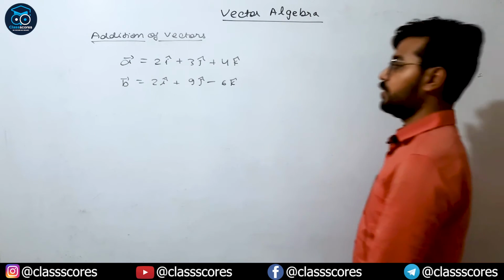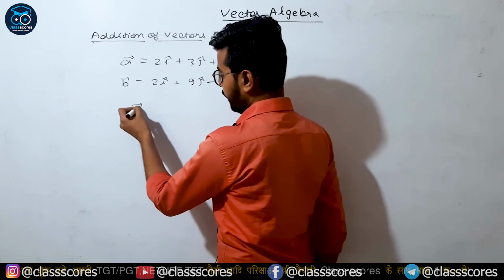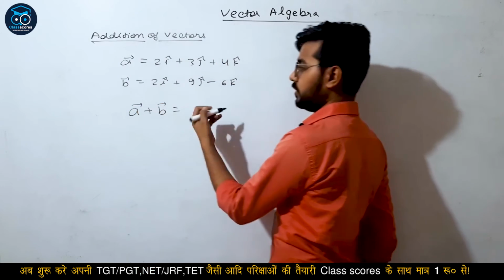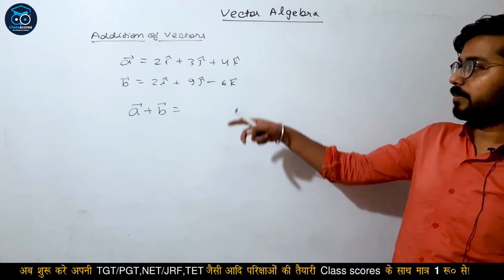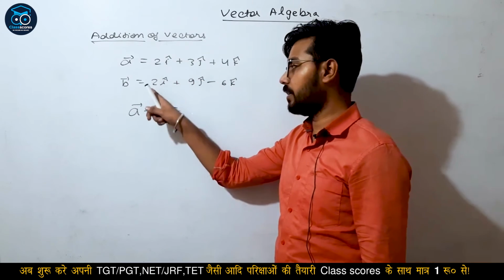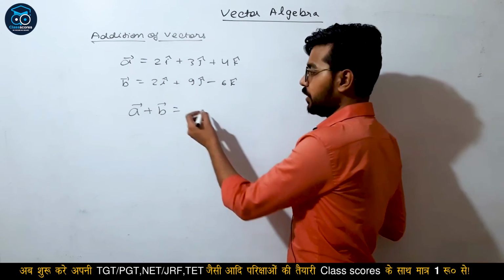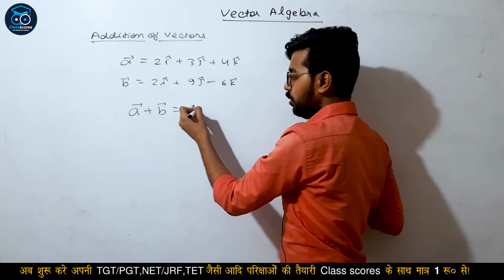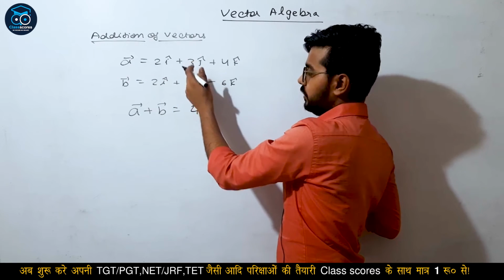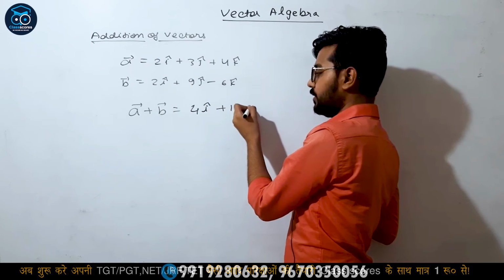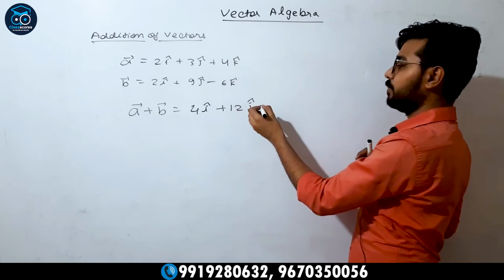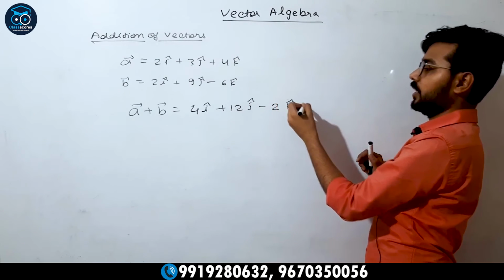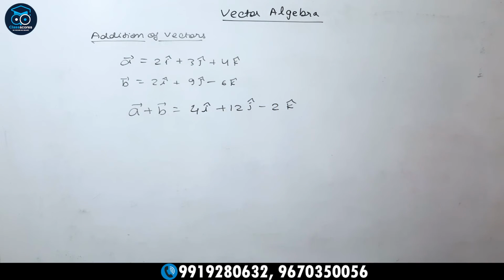If we need to find a vector plus b vector, then the same components will be added, meaning i is added with i component: 2 plus 2 is 4i cap, 3 plus 9 is 12j cap, minus 6 plus 4 is minus 2k cap. So this will be the value of a plus b vector.